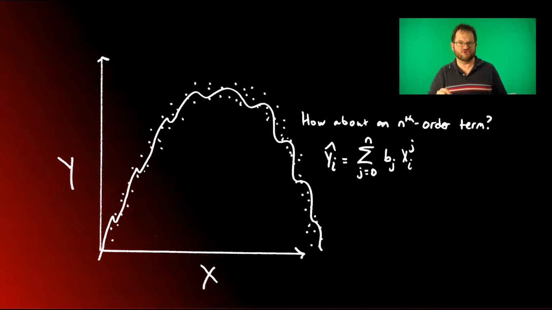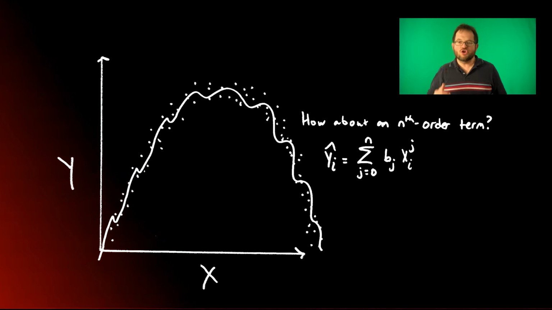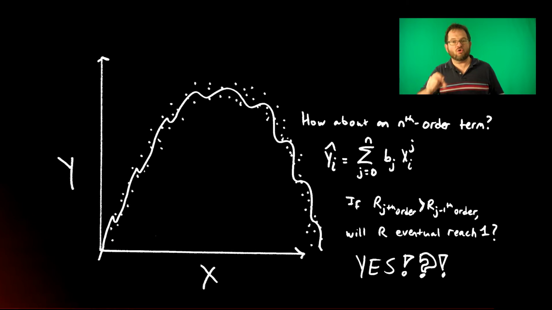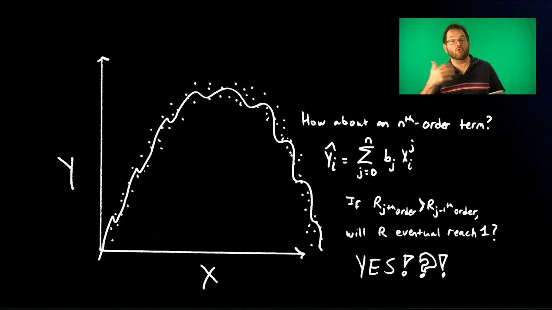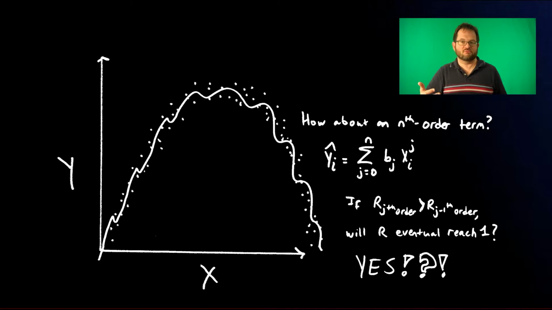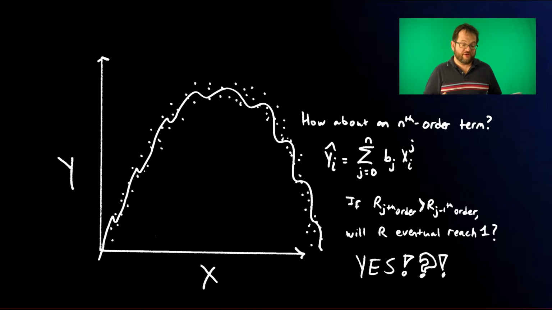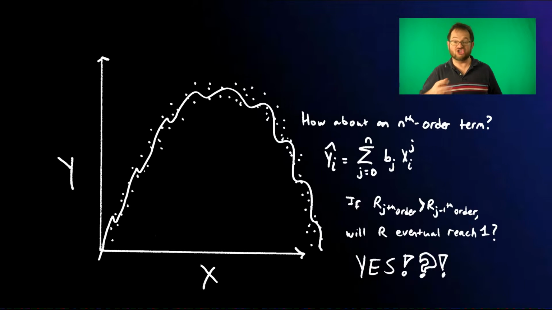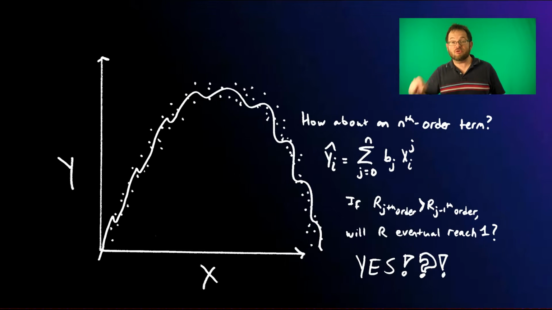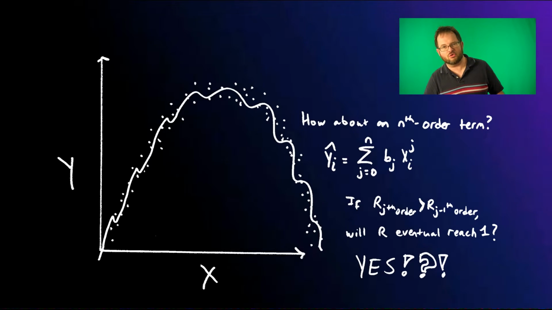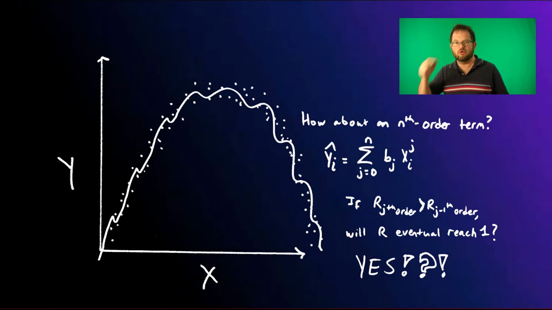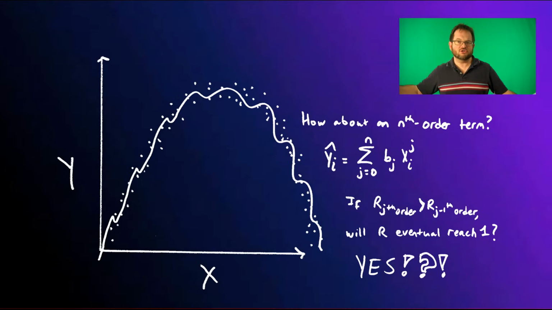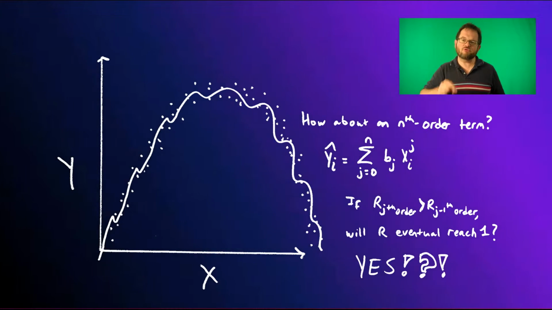And believe it or not, no matter what value we choose for n, we can always get the correlation better by going one order higher in the statistical model. So the coefficient of multiple correlation, big R, of our jth order polynomial will always be greater than the coefficient of multiple correlation for the j minus 1th order version of the equation. Adding more and more powers to the statistical model will always improve the correlation.